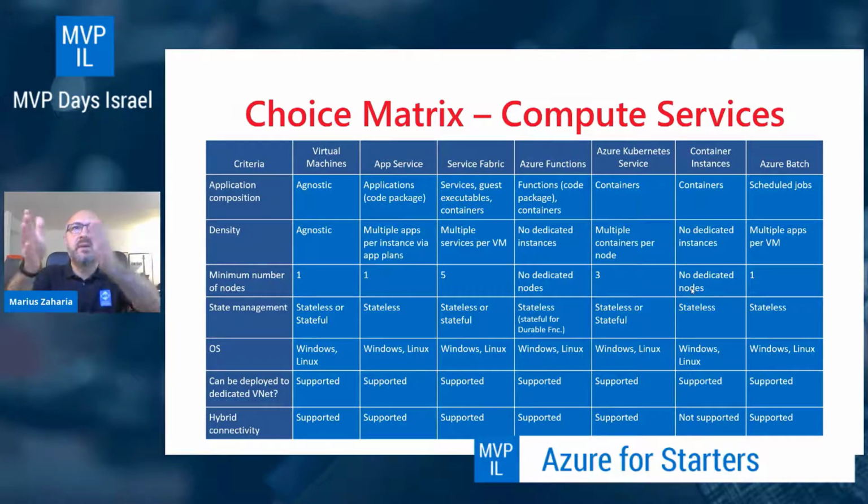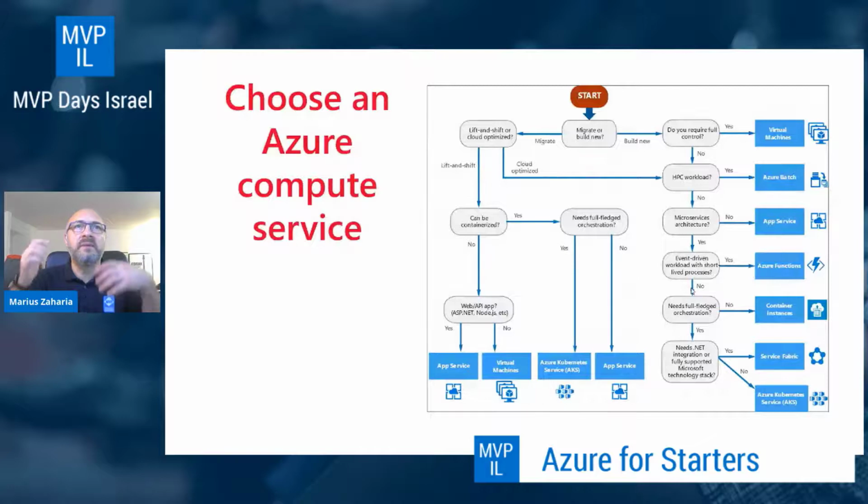In that case, you will see that several technologies or services support that, other ones no. Don't forget that this is a continuous evolution, so features that may not be available today in that service may become available next month. Keeping that in mind, this kind of matrix helps you select and understand what kind of choice you can make based on your criteria. The second way to do that is to have this kind of decision graph.